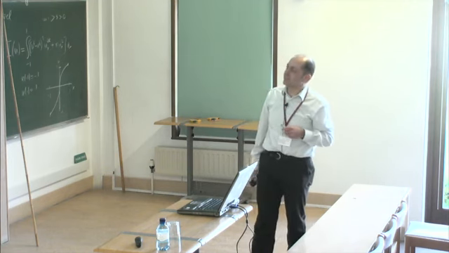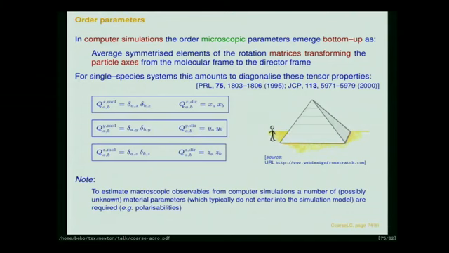On the other hand, in computer simulations, we use a bottom-up approach, and in this case, we compute tensorial properties starting from very specific molecular properties, and considering the ordering matrix we have already heard about this morning, we can use as properties the orientations of the X, Y, and Z molecular axes in the laboratory frame.